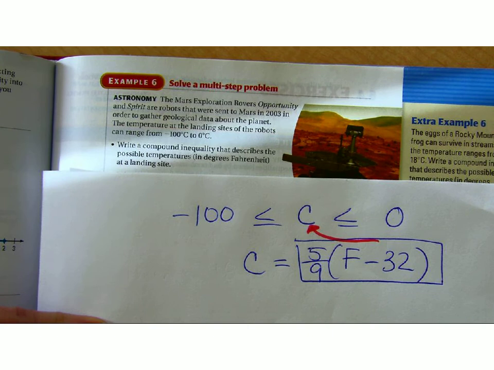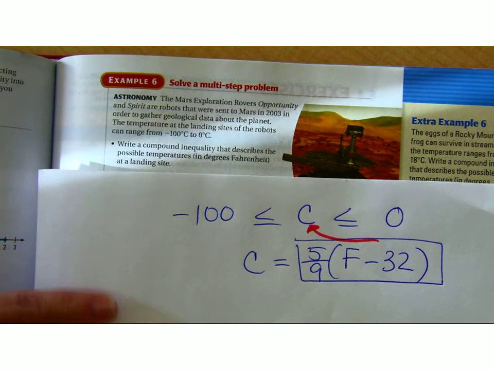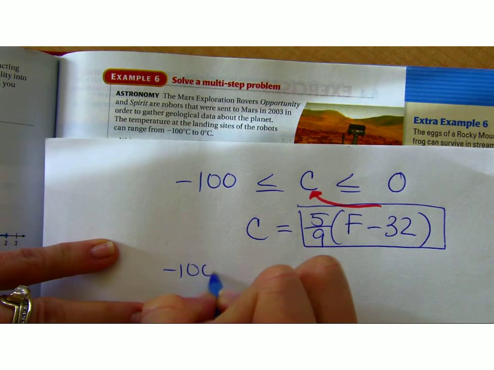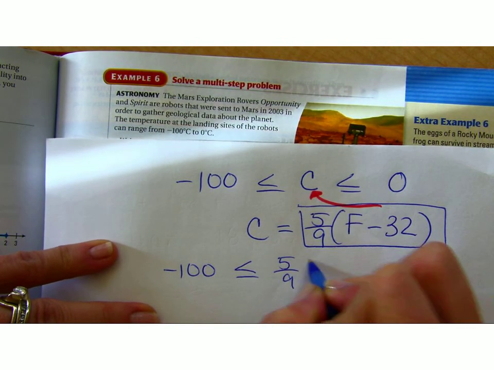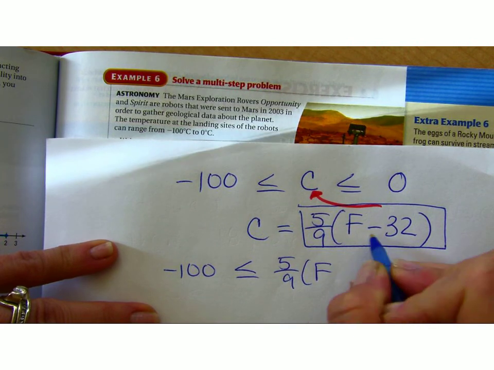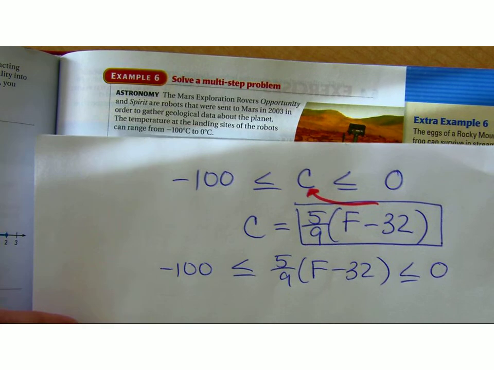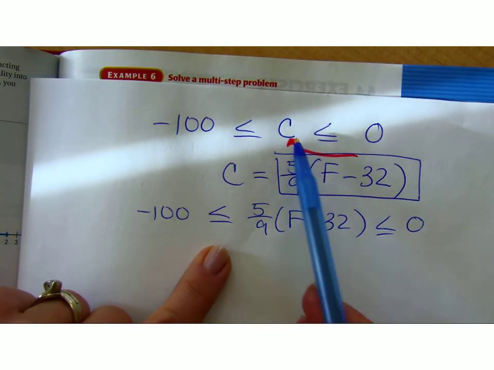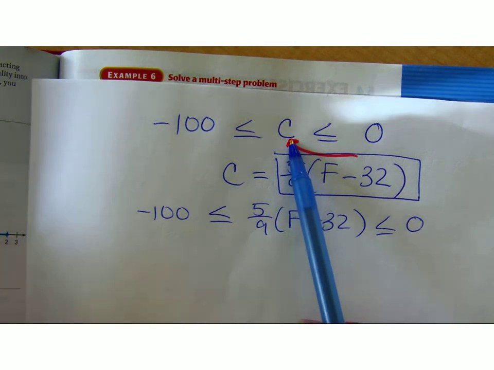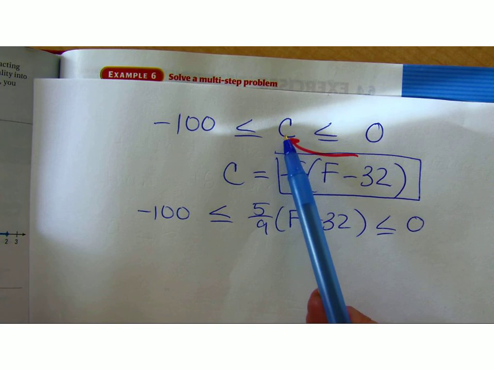This is me taking my original inequality and making it look like this: negative 100 is less than or equal to Celsius, which, by the way, is 5/9 times the difference of Fahrenheit minus 32, and that's less than or equal to 0. Did you follow that? I want to know what those temperatures are in Fahrenheit, so I have to convert using this formula.